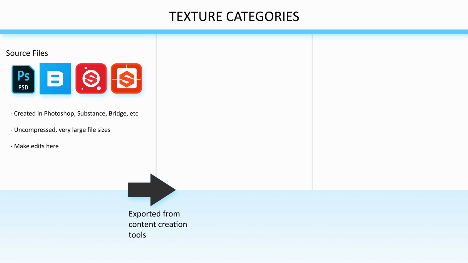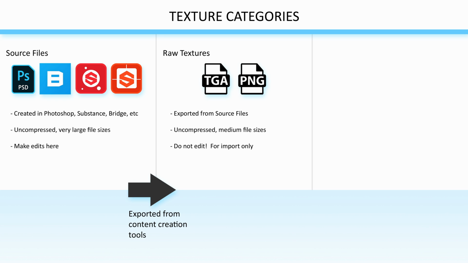From here, we export our textures to an intermediate or raw format. If our images are coming from Photoshop, all the layers and masks are flattened down to a single image. Targa or TGA files and PNG files are the most common formats used for these raw images.